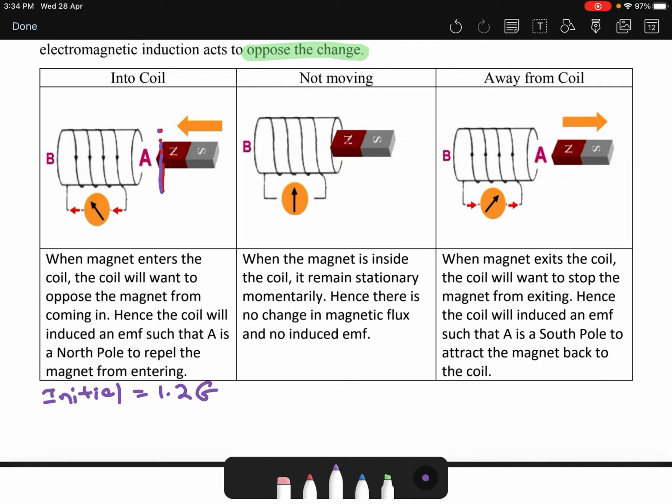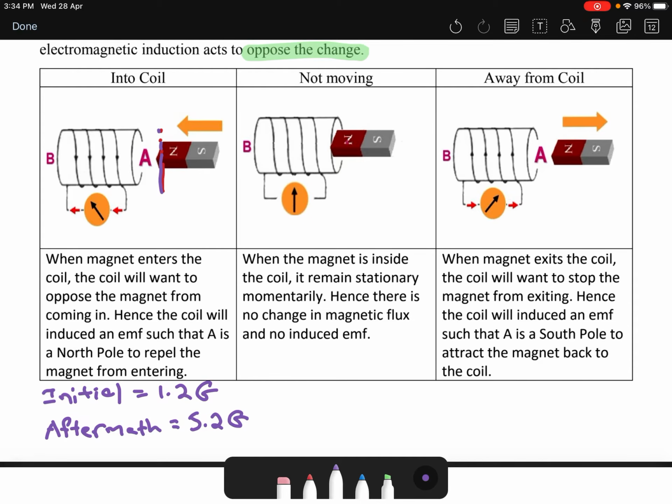When I push the magnet into the coil of wire, the coil will experience even more magnetic field. Afterwards it will experience maybe 5.2 Gauss of magnetic field. So there's a change of 4 Gauss of magnetic field.